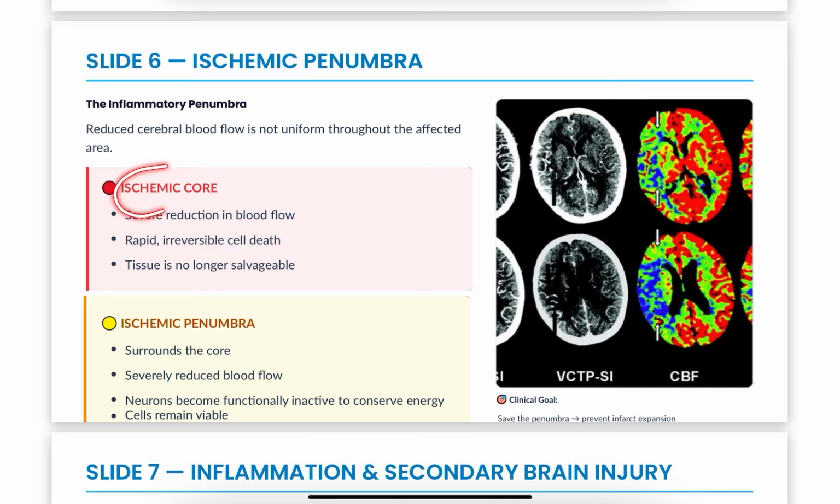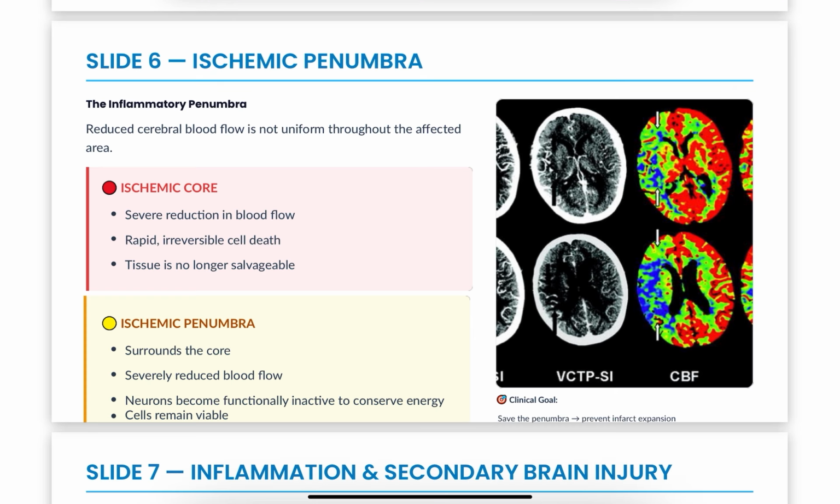So again, here we have the ischemic core and here the ischemic penumbra. In the ischemic core, as I said, we have a severe reduction in blood flow, which leads to cell death. But in the ischemic penumbra, which surrounds the core, we have a severely reduced blood flow, but the cells are still viable.